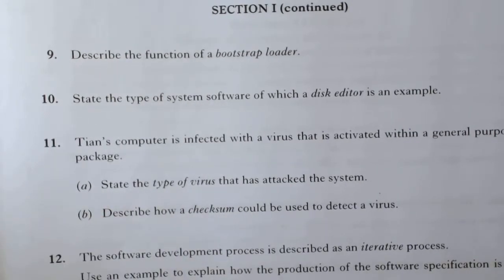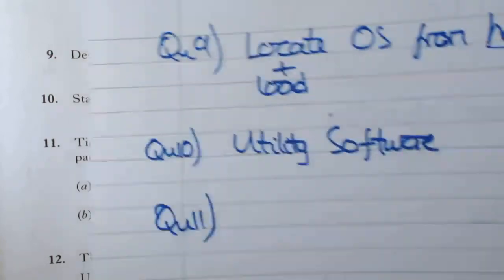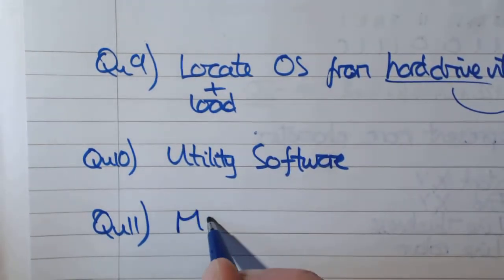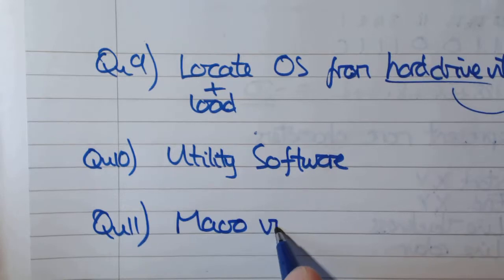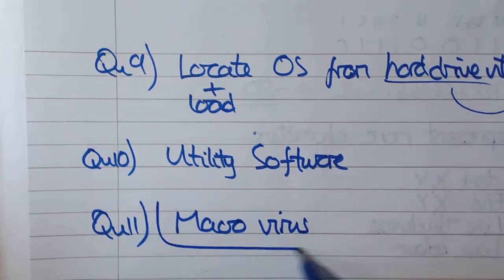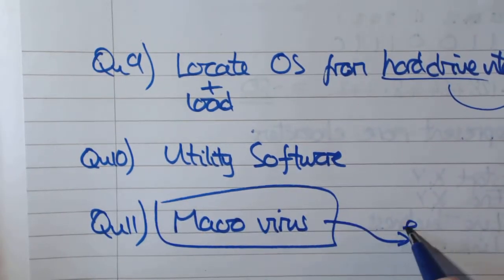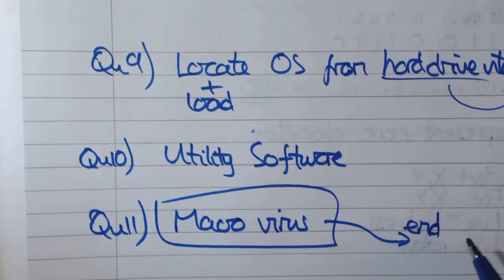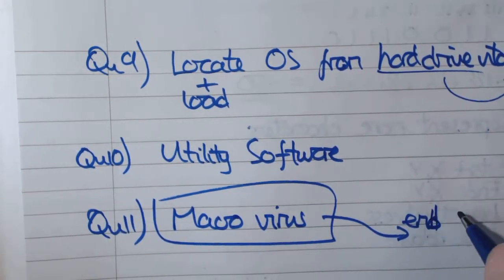Okay, so state type of virus. So it's a type of virus that infects computers and is activated within a general purpose package. So this will be known as a macro virus. Okay, so this is when it's activated within it. So it's actually embedded within an application.